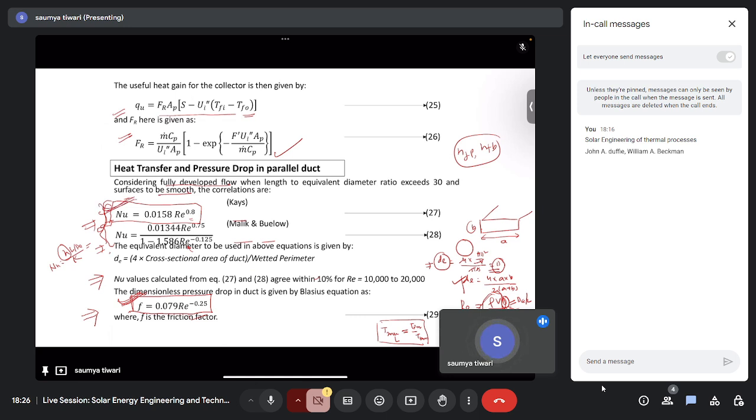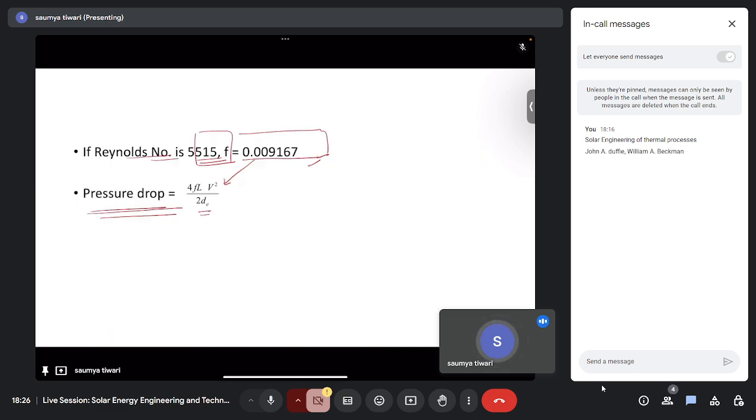And you know that if you calculate the Reynolds number, then you'll need the equivalent diameter, and the equivalent diameter formula is 4 times the cross-sectional area of the duct divided by the wetted perimeter. So knowing these three formulas and the friction factor value, you can easily calculate your pressure drop. Your delta P value will be 4 f L V squared by 2D.